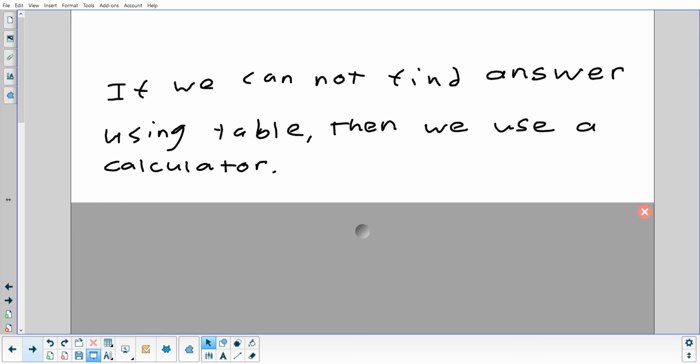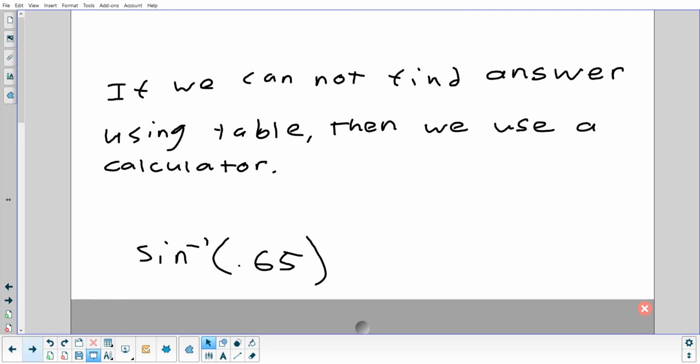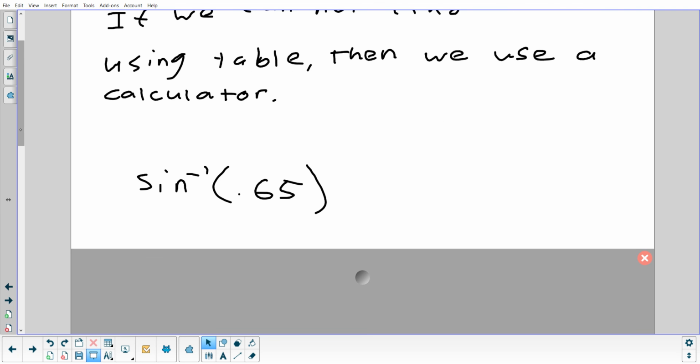So, what if we can't find the answer in that table? Well, then we're going to use a calculator. So this one is inverse sine of 0.65. What does that really mean? What angle can you plug into the sine function and get an answer of 0.65?